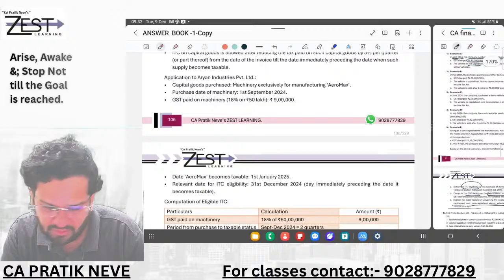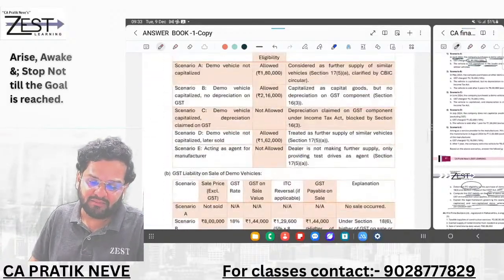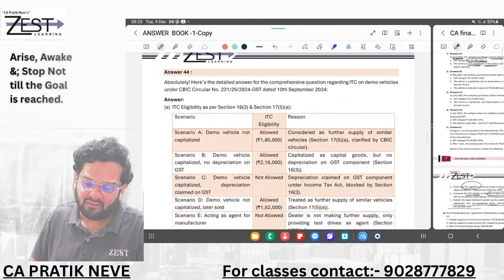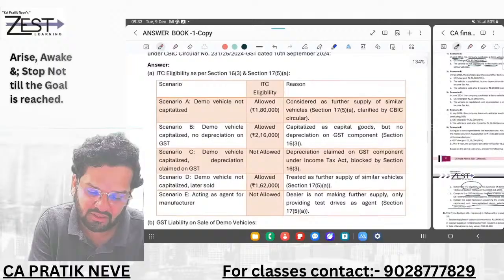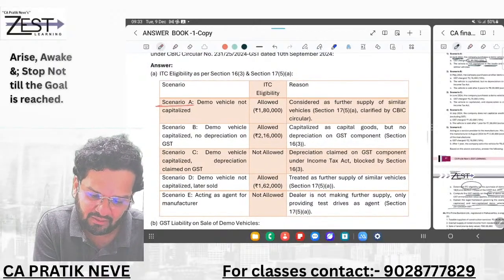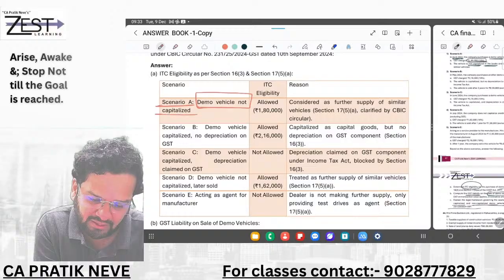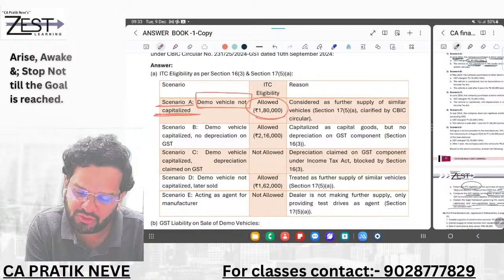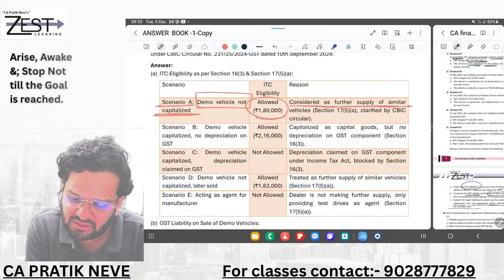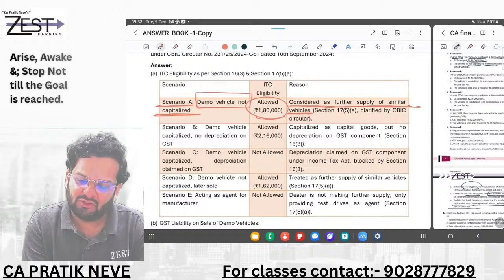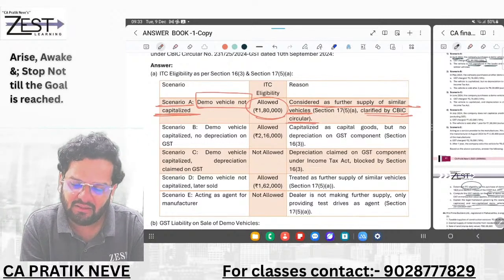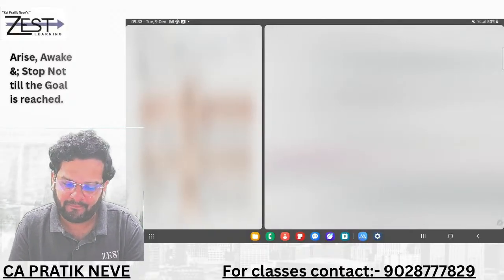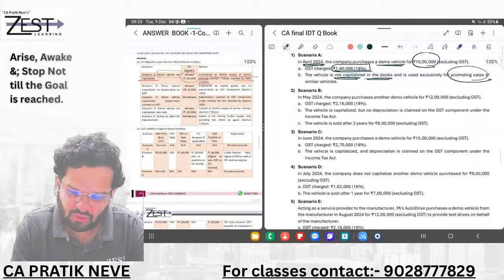Here the car dealer is using it in further supply, so ITC is available. Scenario A, demo vehicle not capitalized, that's okay. ITC will be allowed, 1,80,000, because it is considered as further supply of such vehicles. It is clarified by CBIC that ITC can be availed in such cases. That's about your Scenario A.